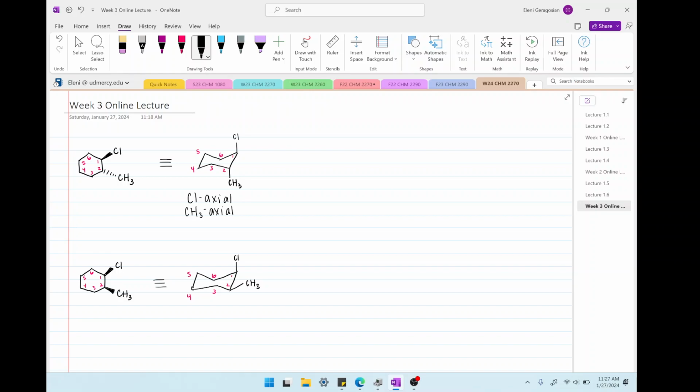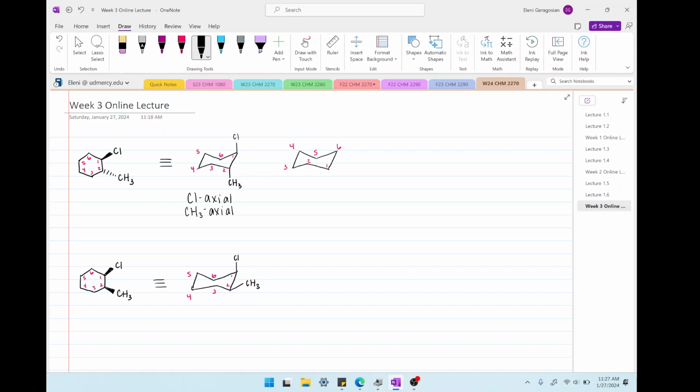Well, if we draw a chair conformation, so drawing that chair structure again, where we labeled carbon 1 is slightly arbitrary. I put it in the top right corner, but what if we started carbon 1 in the bottom right corner? Then we have 2, 3, 4, 5, and 6. So that means that on carbon 1, there is a chlorine, and that chlorine is pointing up. I know it's pointing up because in the skeletal structure, it has a wedge bond.